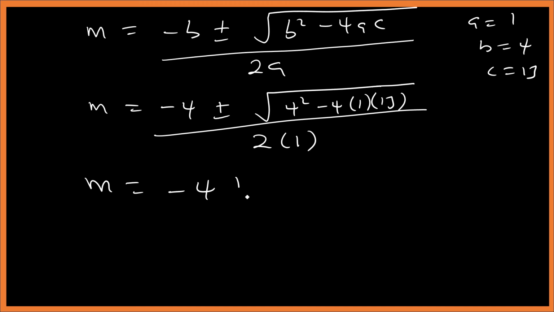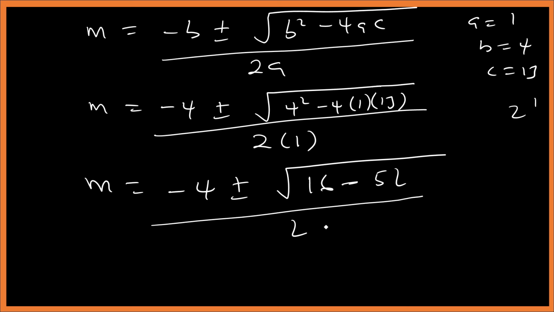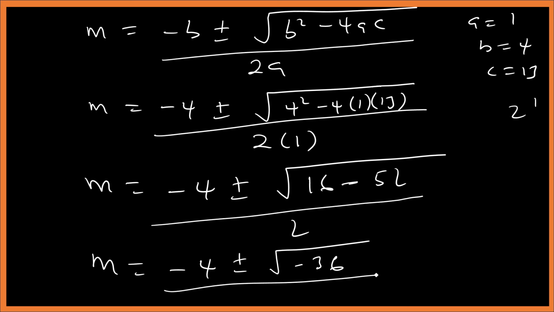Minus 4 plus or minus square root of 16 minus 4 times 13, that is 52, on 2. Okay, so that's that. Now let's go ahead and subtract this. So we have minus 4 plus or minus, now this side will be minus 36, on 2.